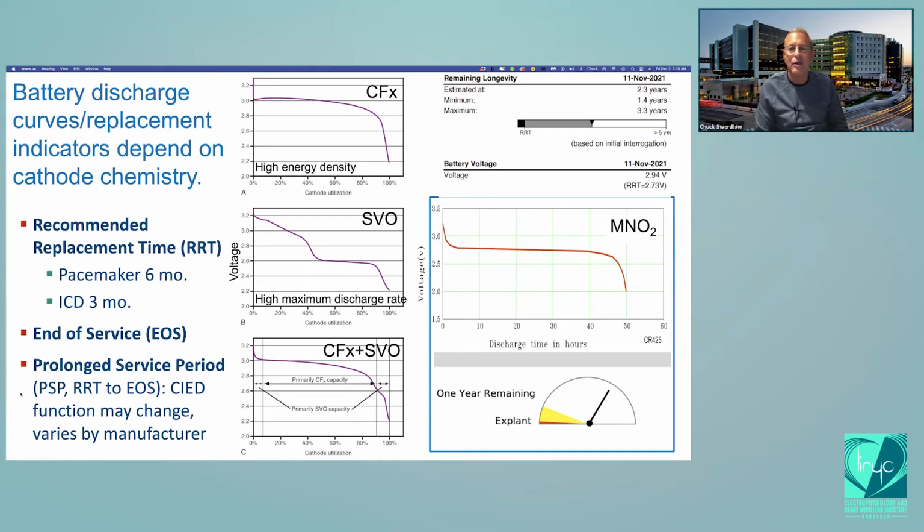But let's say you increase the patient's beta blockers and they're pacing 100% in the atrium, and the patient gets more shocks, then you're going to use more power from the battery.